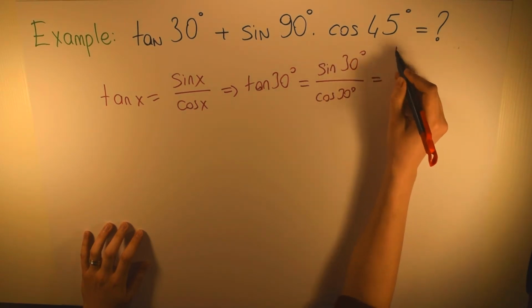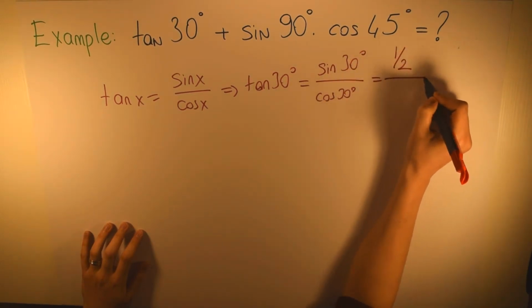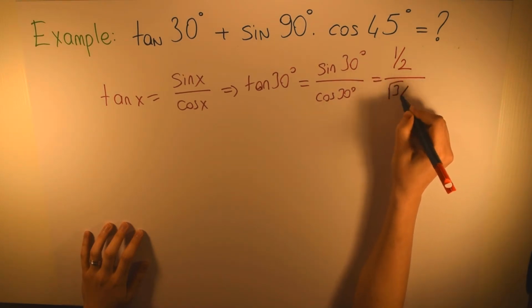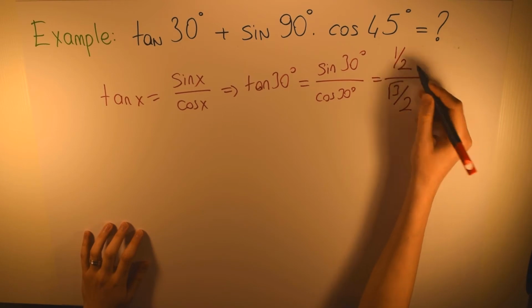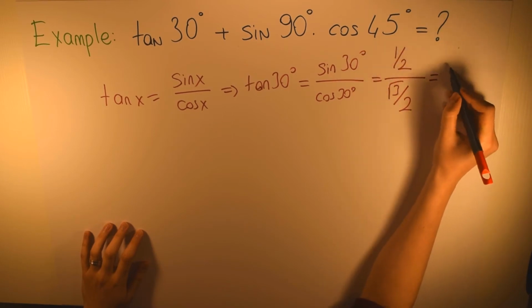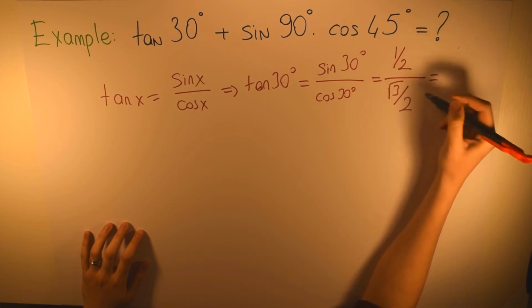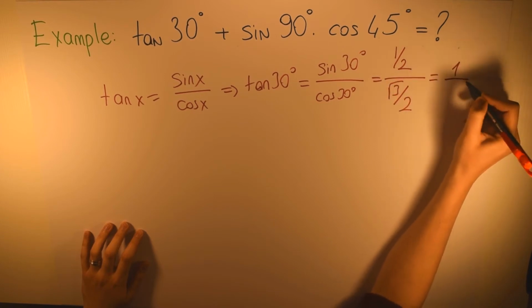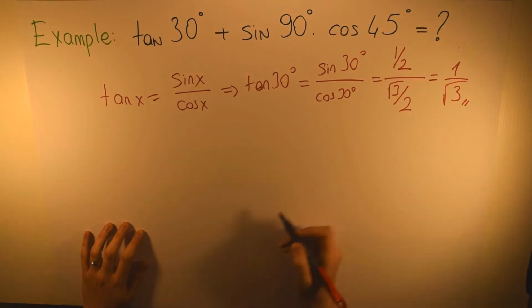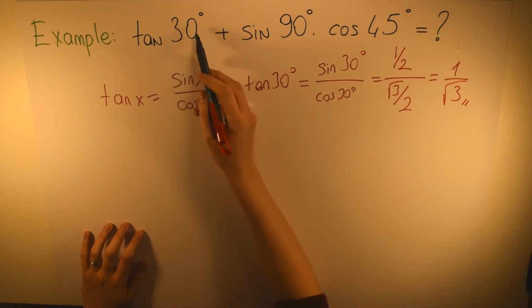Sine 30 degrees is 1 over 2, and cosine 30 degrees is square root of 3 over 2. You have to know these values. When you divide them, we get 1 over square root of 3. So now we know the value of tangent 30 degrees.